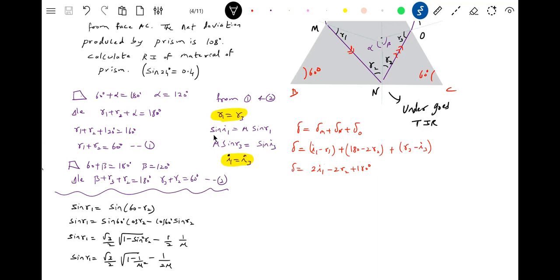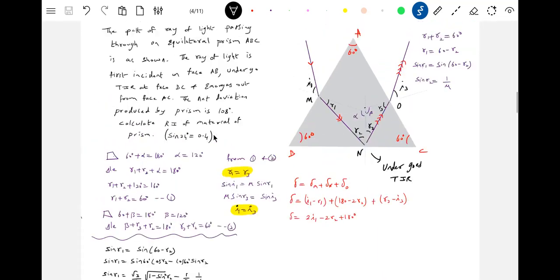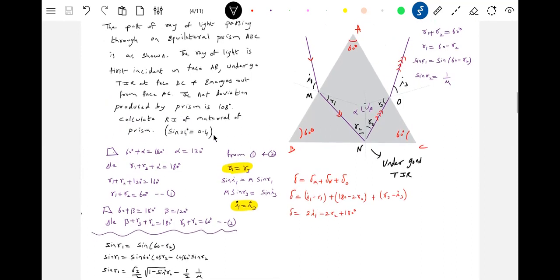I1 is needed, no? Can I find out I1? I need a lot of place here. We have to calculate this I1.